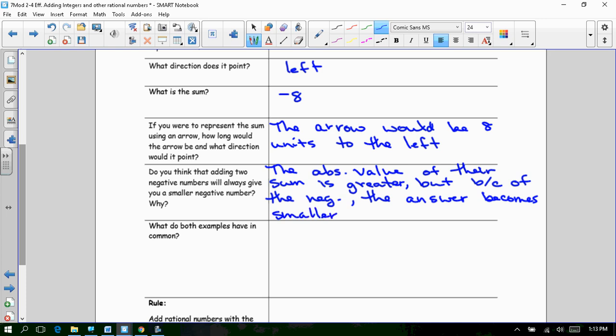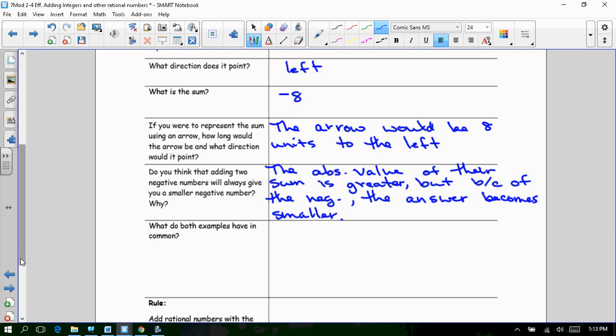So what I'm referring to is 3 plus 5, yeah, that's a bigger number. I get 8, it's a bigger number. But because of that negative with it, now it becomes the opposite, right? It becomes smaller. The bigger the number with a negative, the smaller the number actually is, okay?